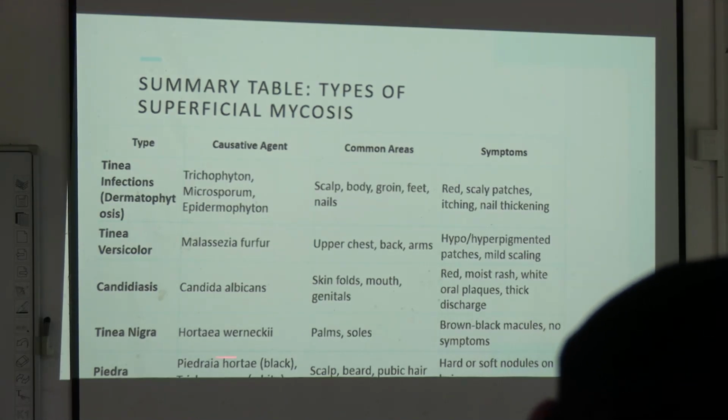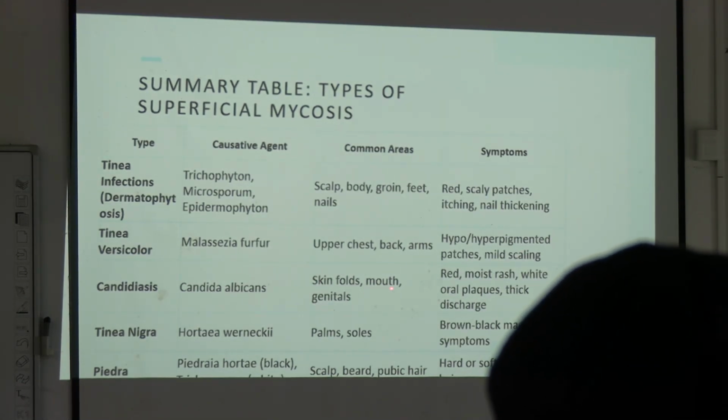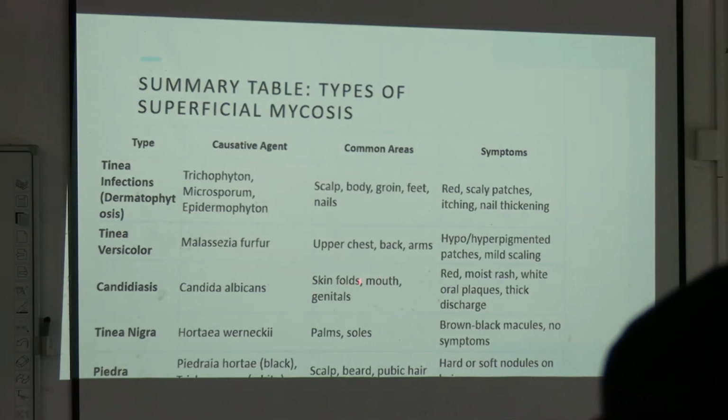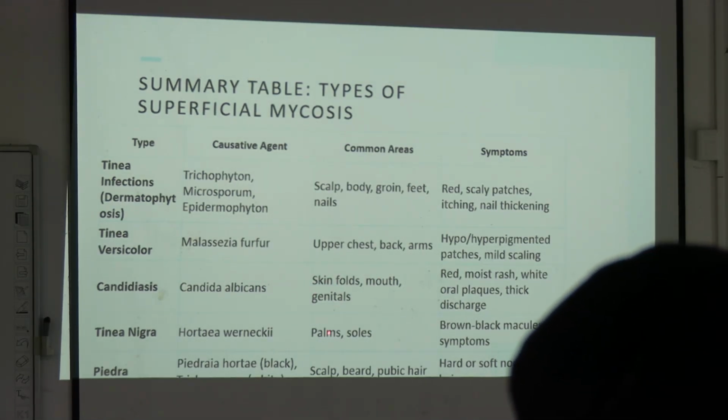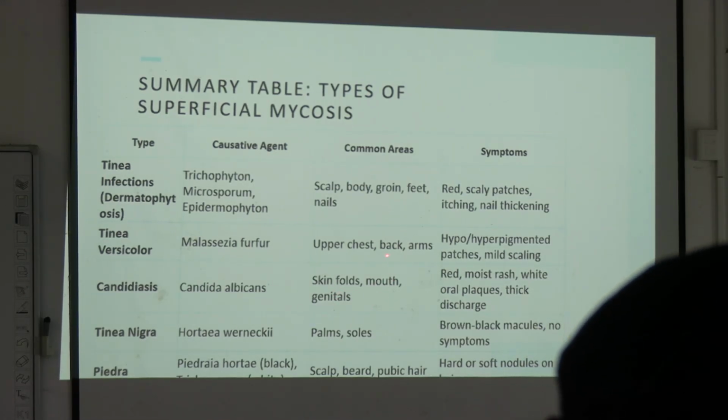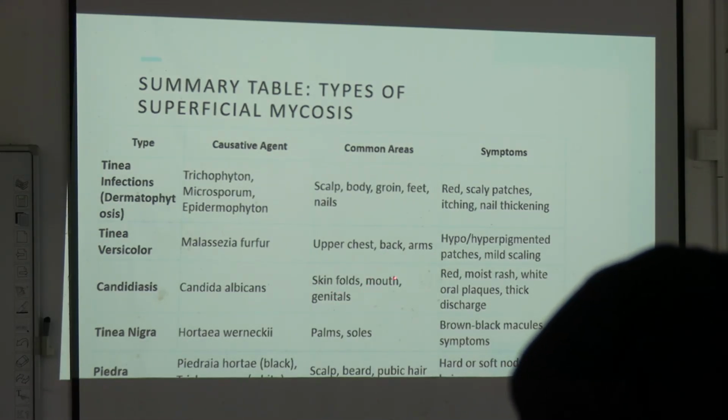Next, Candidiasis, Candida albicans: skin fold, mouth and genitals. As per the area involved, genitals, vaginal candidiasis. If the nail is involved, we call it paronychia. Mouth, oral thrush: red moist rash, white oral plaques, thick white discharge in vaginal infections.